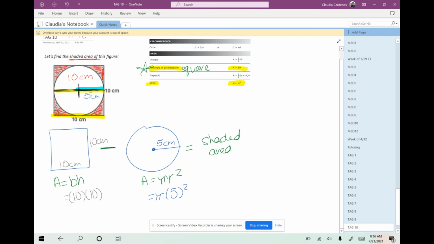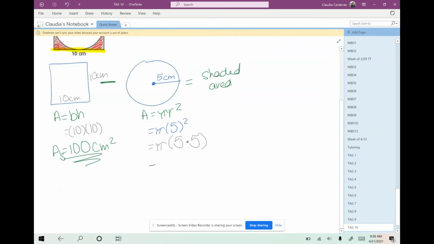Alrighty, so now that we have our dimensions, we can go ahead and start solving the formulas each. So let's start with 10 times 10, which I know is 100. So the area of the square, S for square, is 100 centimeters squared. And then if I go to the next one, I see that it's pi and then 5 squared, which would be written as 5 times 5. And so when I multiply 5 times 5 together, I get 25. And then we now can multiply 25 times pi.